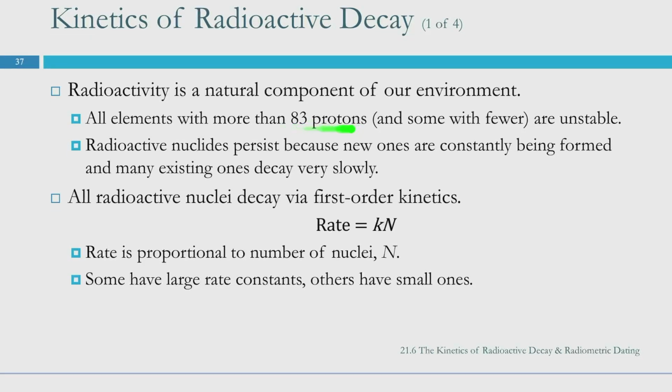Everything with more than 83 protons, and some with fewer than 83 protons, are unstable, and they're out there in the world.